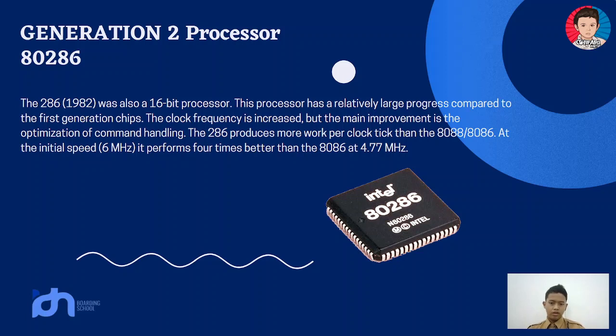The clock frequency is increased, but the main improvement is the optimization of command handling. The 286 produces more work per clock tick than the 8086, and the 286 at the Intel speed of 6 MHz performed 4 times better than the 8086 at 4.77 MHz.